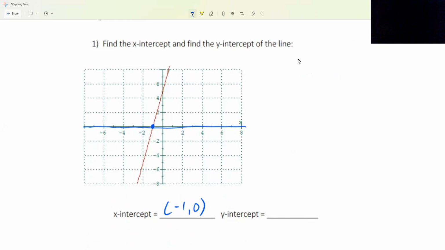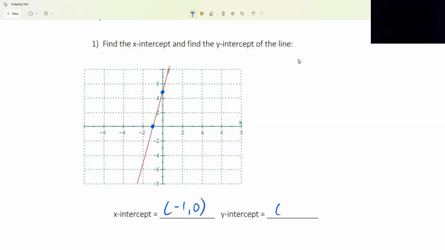And the same thing on the y-axis: for any point on the y-axis, x is going to be 0. So when you see a 0 as part of an ordered pair, you know you're looking at some kind of intercept. You just got to decide which one it is.